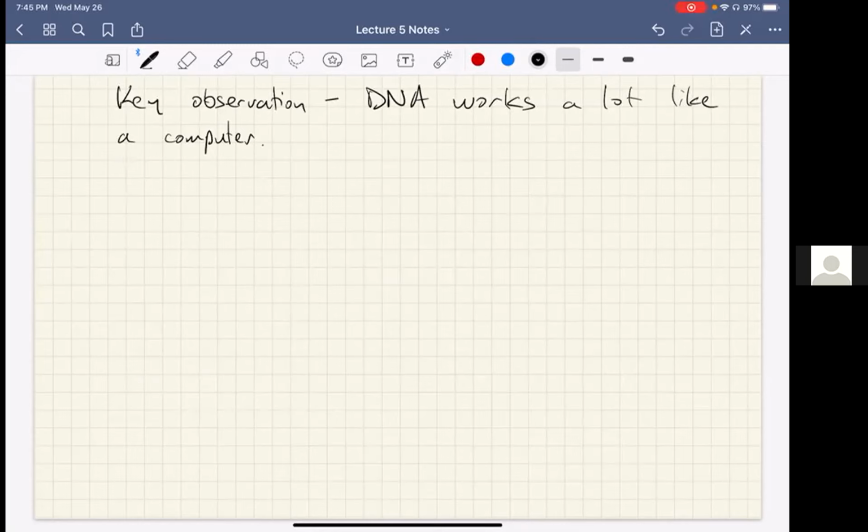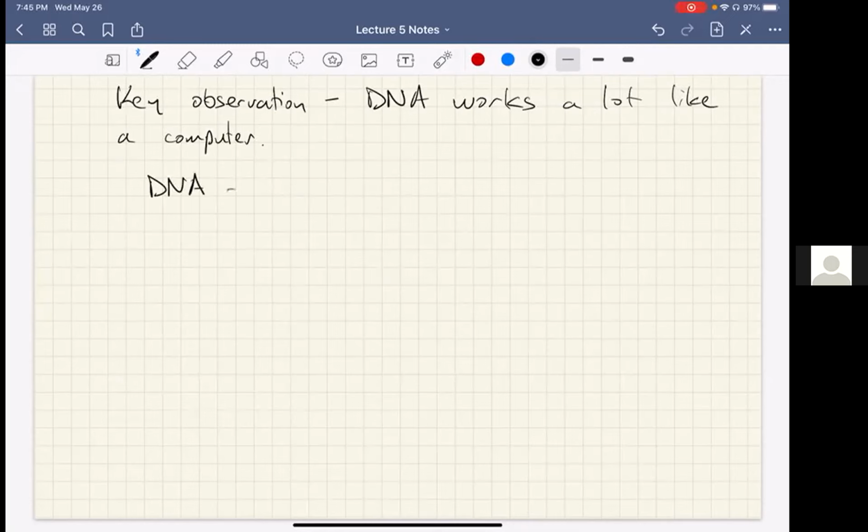It's a sequence of instructions for building proteins. And then the cell goes off and builds those proteins, and then they build more proteins that build other proteins, and so on and so on. So perhaps it is not exactly like a computer, but the analogy is remarkably close. So let's start off by defining what we mean by DNA.